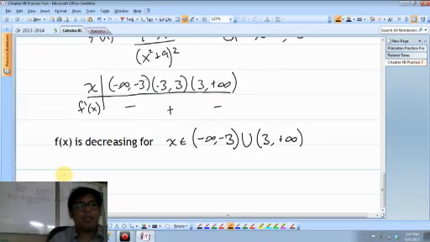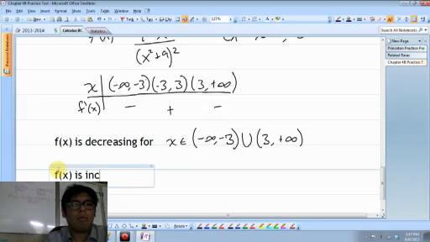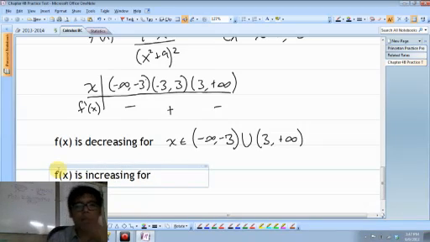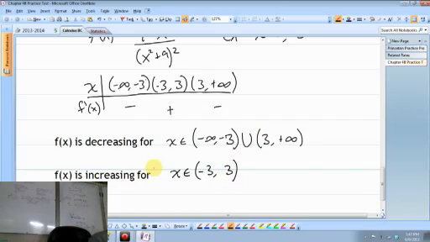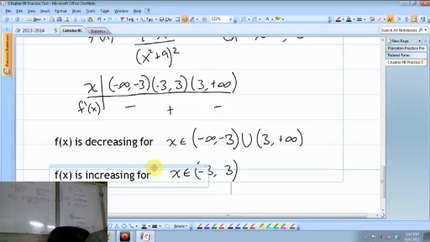F of x is increasing for x between -3 and 3. Yeah. No, it feels good over here. Any questions?